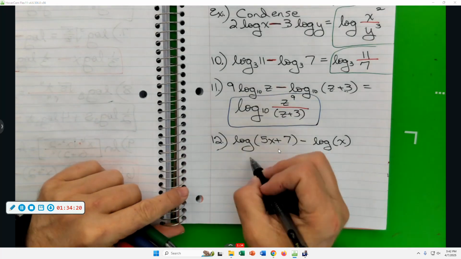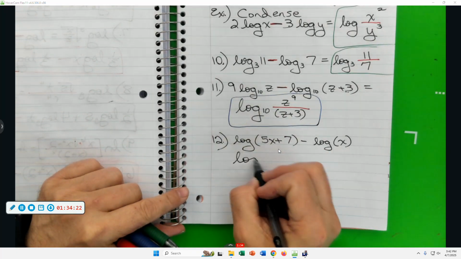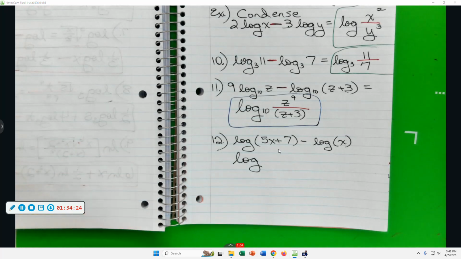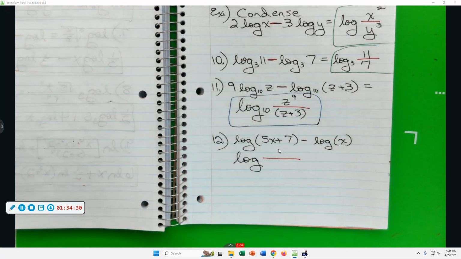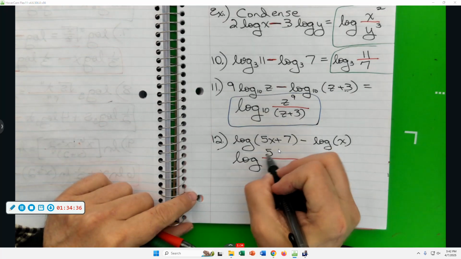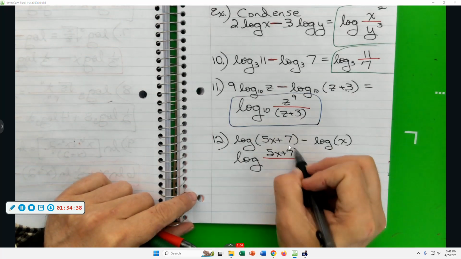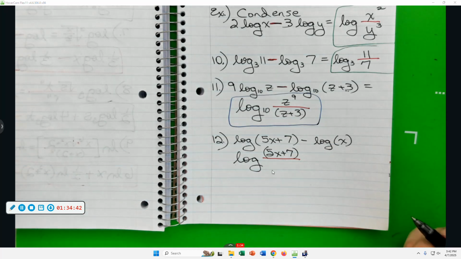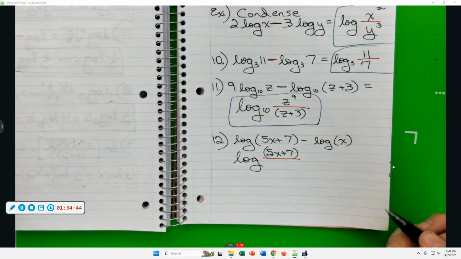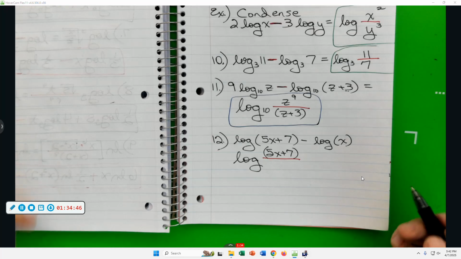Okay. I'm writing my log. Do I need a fraction bar? Yes. What have I got on top? 5x plus 7. Do I have an exponent on that 5x plus 7? No. Do I have anything else on top? What about on bottom?